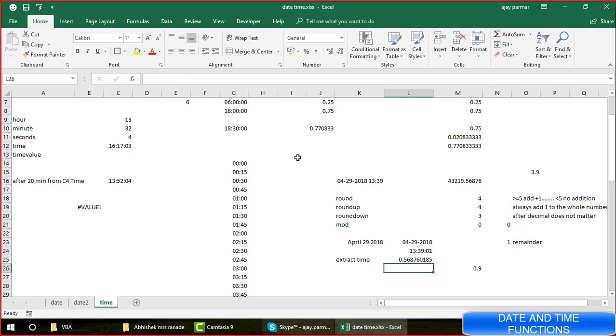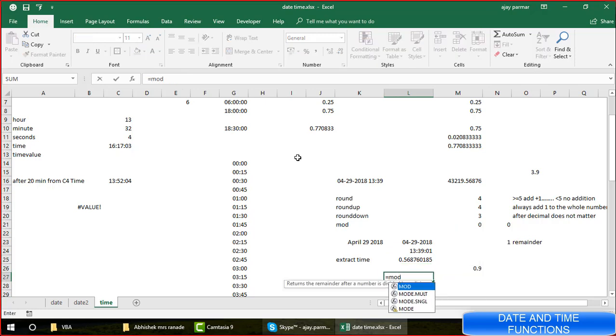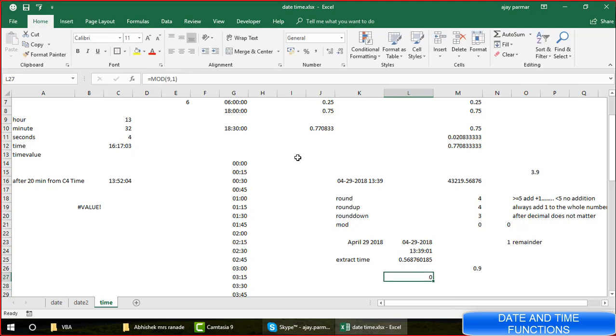So if you write mod 9 comma 1, what will be the remainder? Always 0, because 1 is the only number which is divisible with every number. But in case of a decimal, the decimal remains and the whole number goes off, and this is the logic we actually use in the date and time formats.